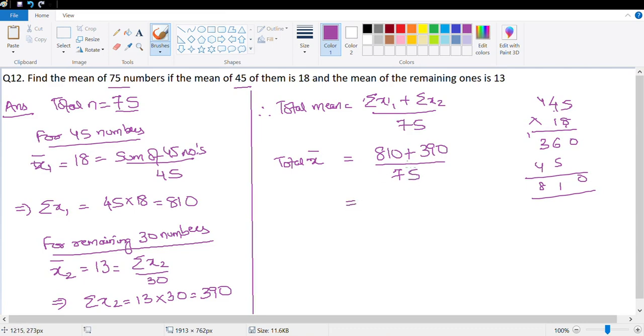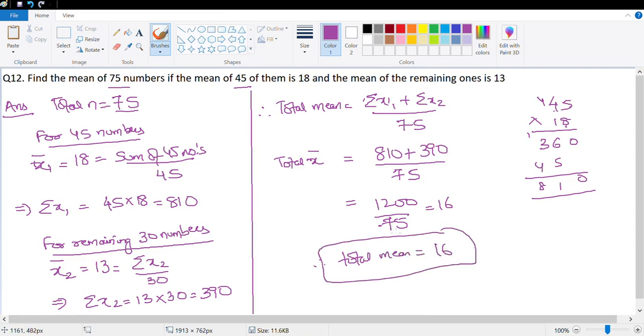So that's 1200 upon 75, which is equal to 16. Yes, 75 into 1, 75, 25 and 4. That's correct, 16. Therefore, total mean is equal to 16. That's the final answer.